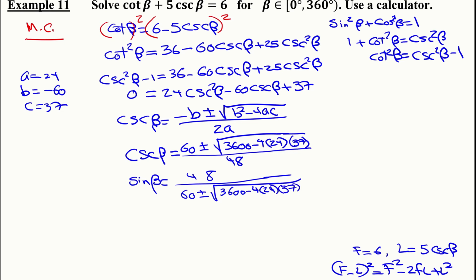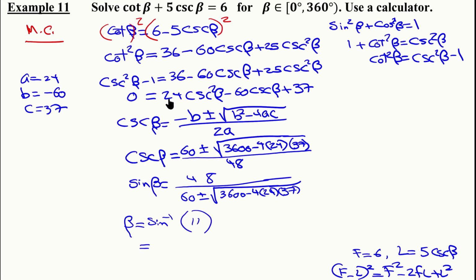All right, so now we know that beta is going to be the inverse sine of all that. So let me just put ditto. We love dittos in mathematics, especially in situations like this.